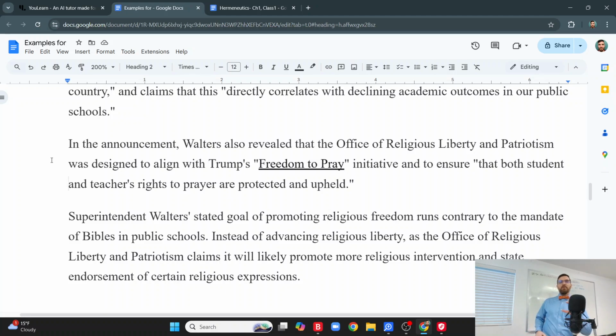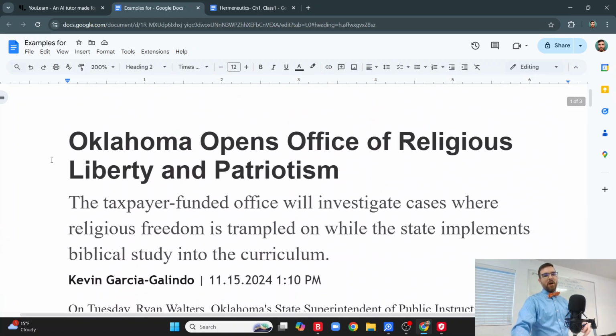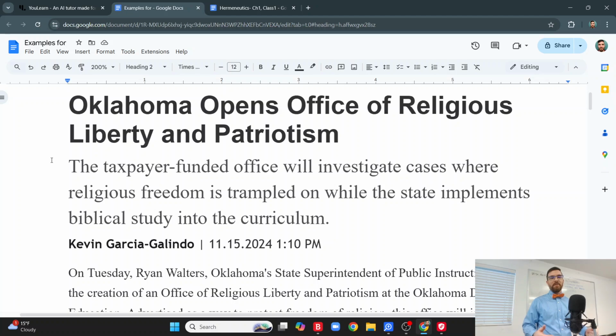But just by trying to understand what he's talking about, it's like, okay, in Oklahoma we have this new office of religious liberty and patriotism, and it's claiming to protect religious freedom. Well, this author is claiming it's doing the exact opposite.